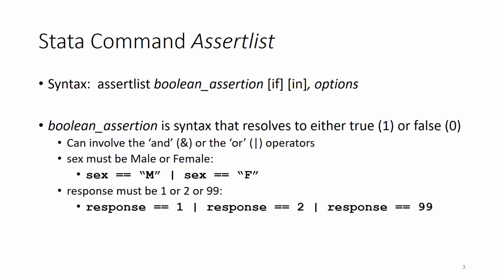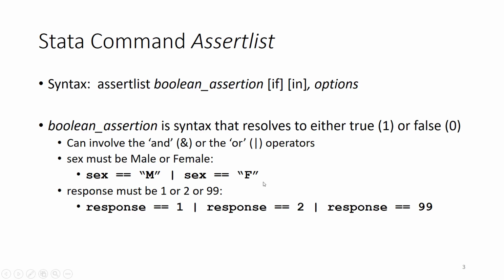The simple syntax of the command is you type Assertlist and then you name some sort of assertion, a Boolean assertion, something that resolves to either being true or false. So you might assertlist that sex is equal to M, male, or sex is equal to F, female.